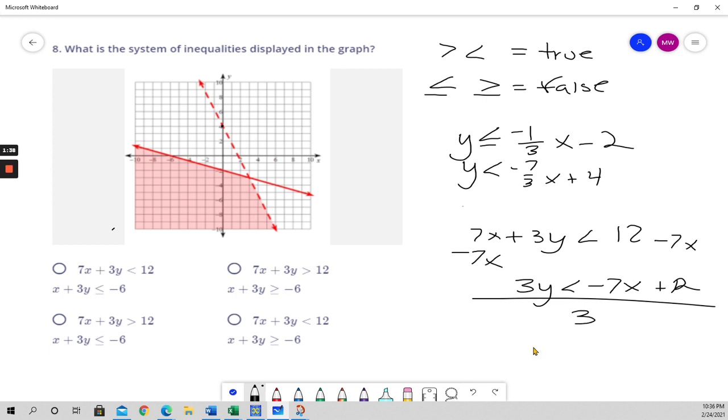I'm going to divide by 3, and I'm going to get y is less than negative 7/3 x plus 4. Okay, so that's correct. So that means that this equation and this equation are out.